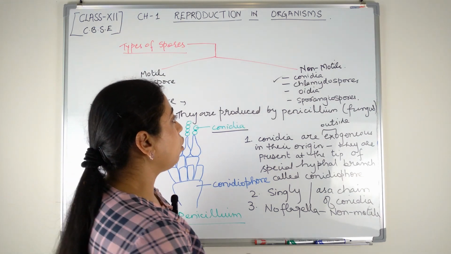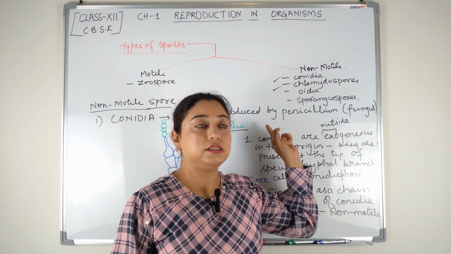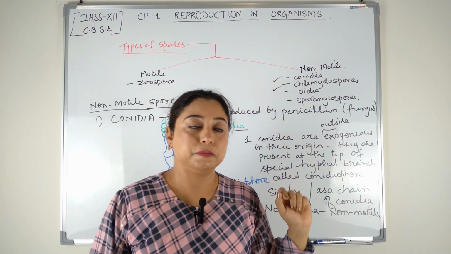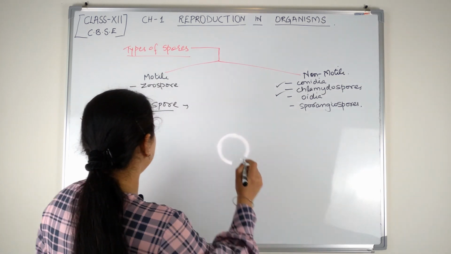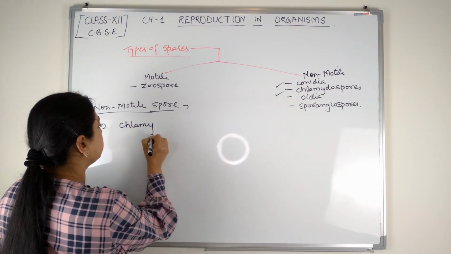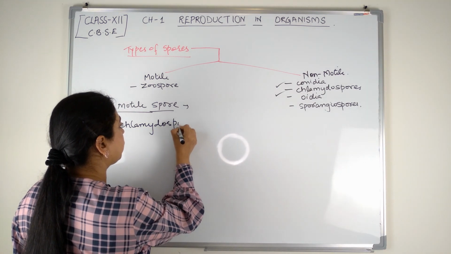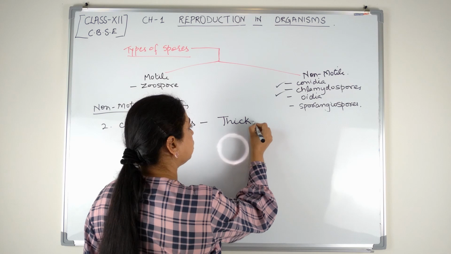Right? So moving on to the second non-motile spore, that is chlamydospores. Chlamydospores are thick-walled spores.